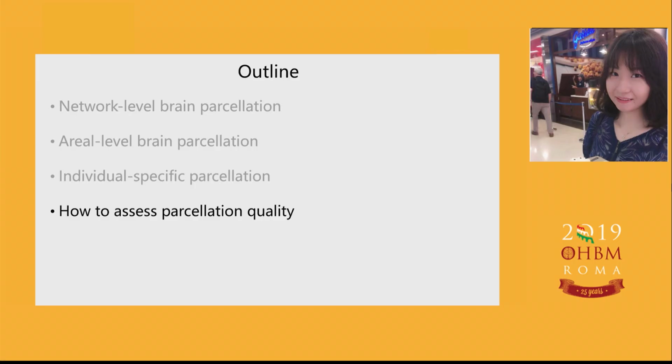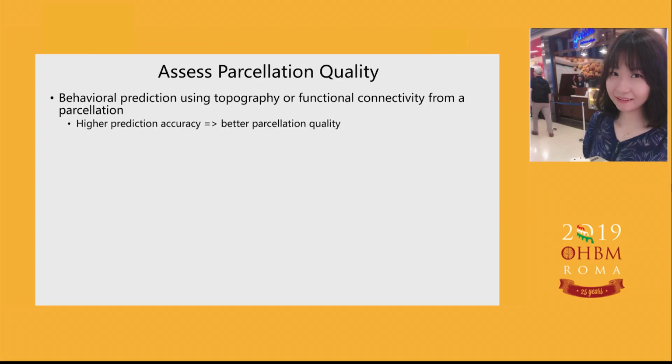So in the last part of my talk, I will describe how to assess the parcellation quality. We just showed that using network topography or functional connectivity, we can use it for behavior prediction. So we assume that a better parcellation quality should indicate higher prediction accuracy.